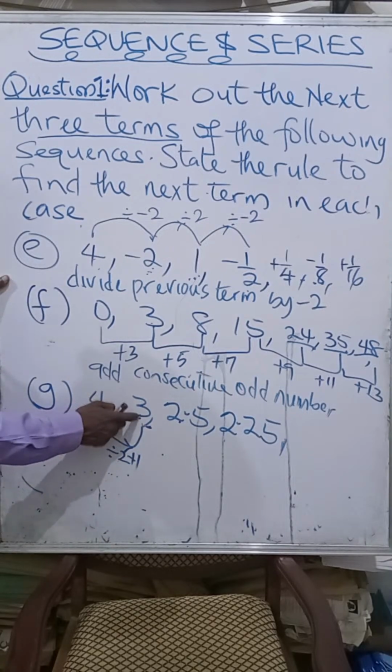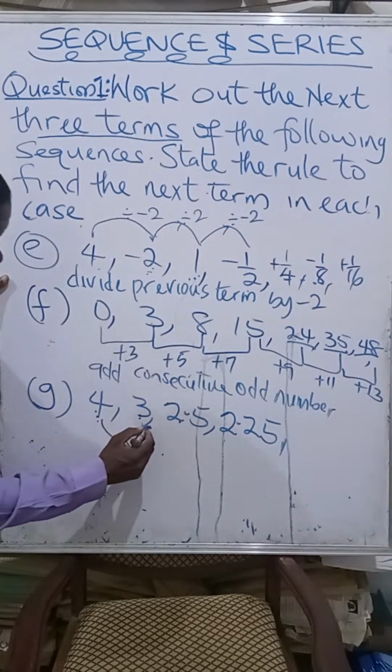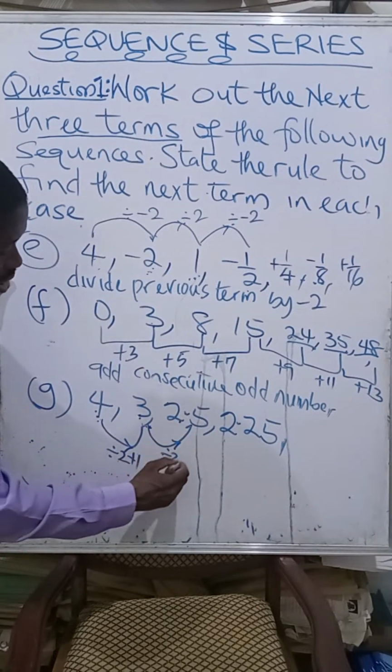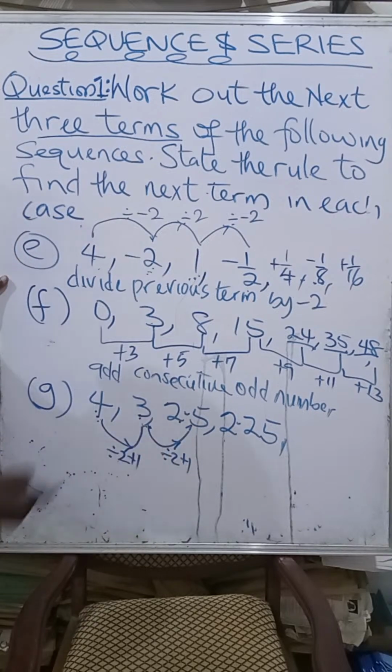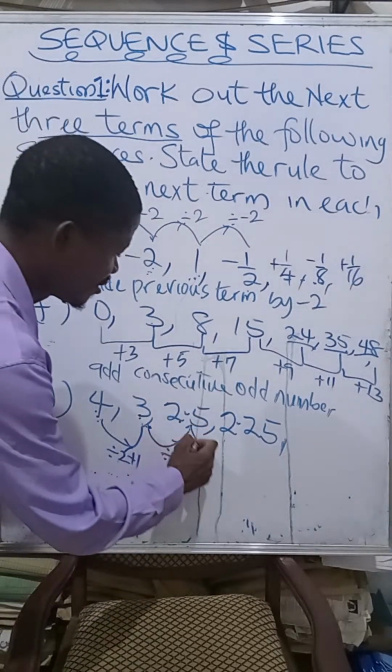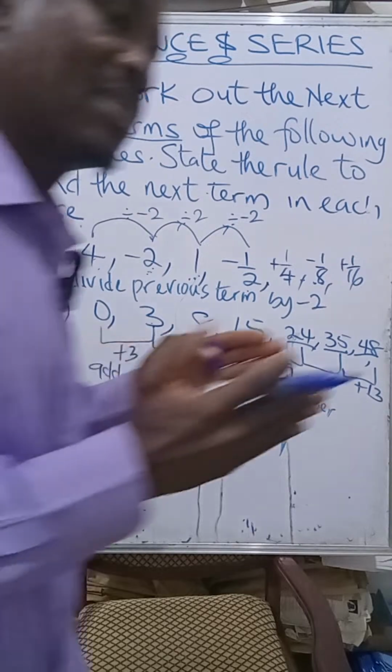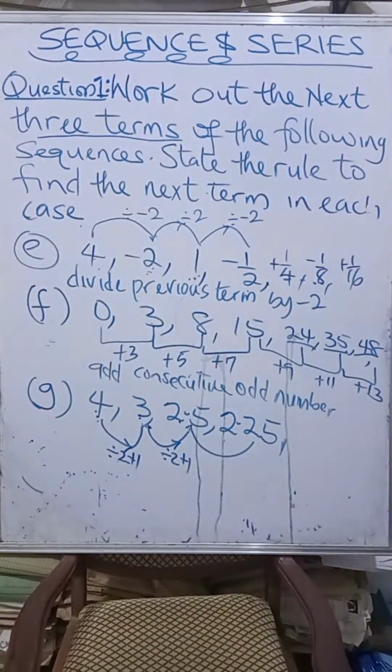Again, 3 divided by 2, that's 1.5, plus 1 is 2.5. Continue the pattern. I've told you the pattern must be constant.